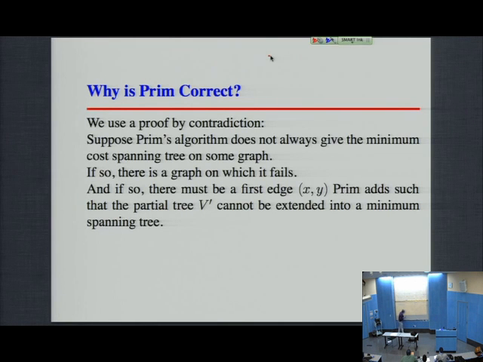It should be clear that if the algorithm is correct, starting Prim's from one vertex or the other shouldn't change the weight of the tree that it builds. Prim's algorithm says start from a vertex and do this procedure. If starting from a different vertex gave us a tree of different weight, then it is not a correct algorithm.